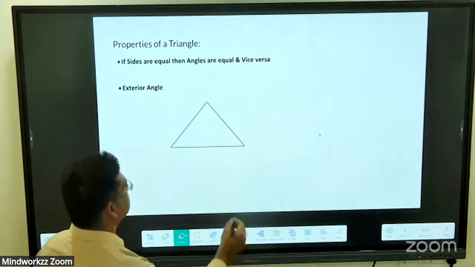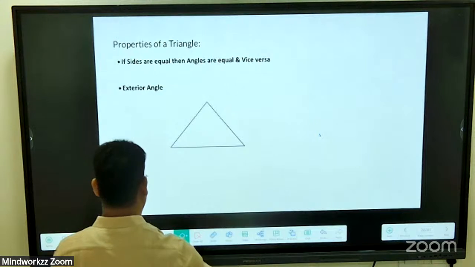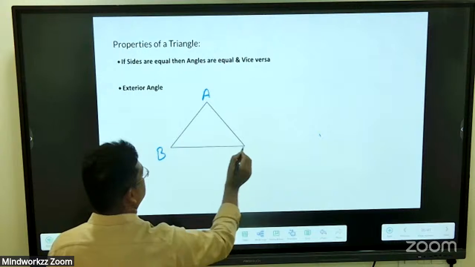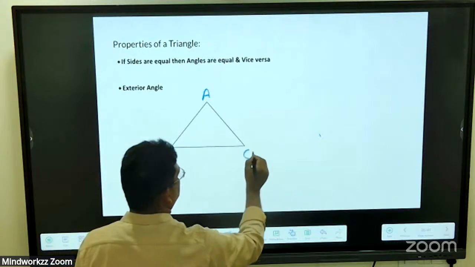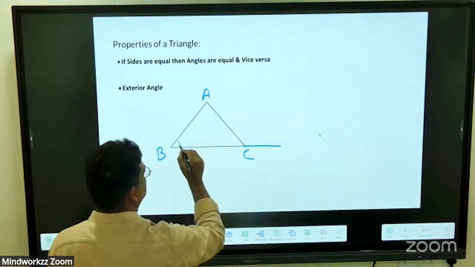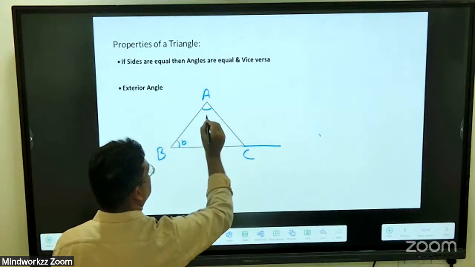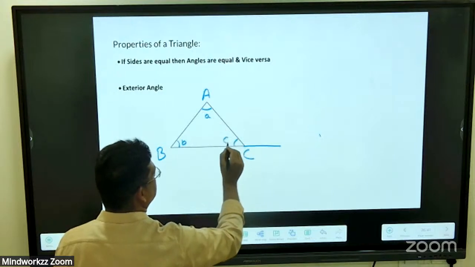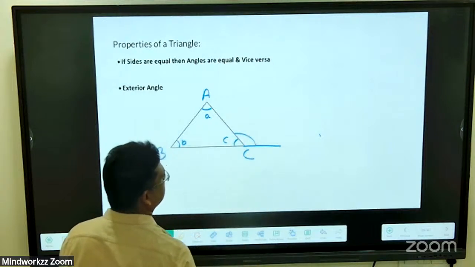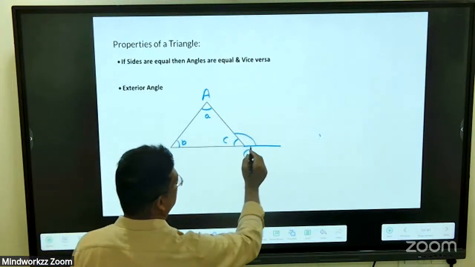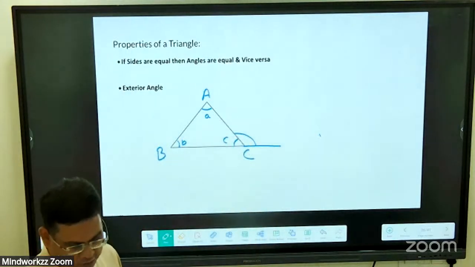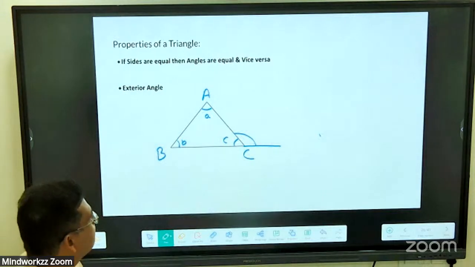If this is a triangle ABC and we extend this side, and let us say this is angle B, this is angle A, and this is angle C, and we extend any of the sides, then this will be called the exterior angle of triangle ABC at vertex C. I hope you understand the concept of exterior angle.